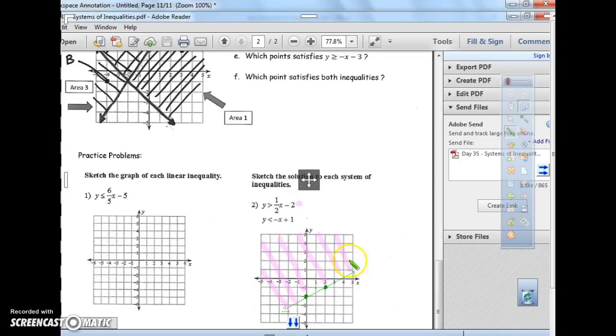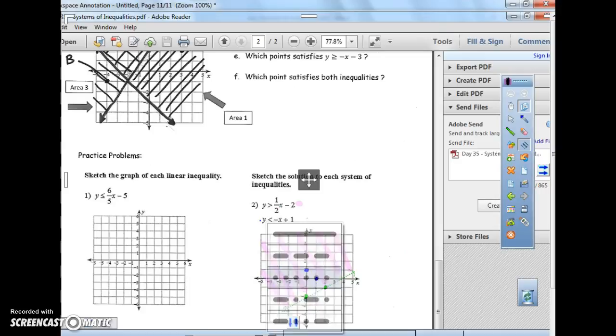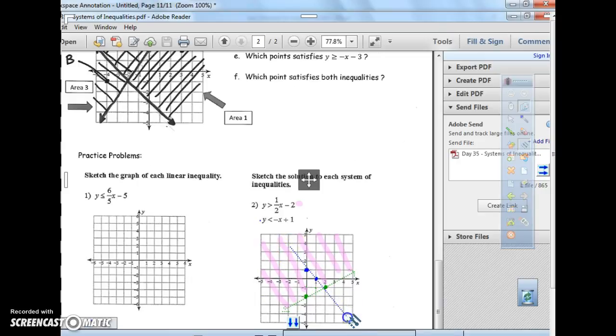And now if I do the second one, we have a y-intercept at 1. Do this in a different color for you. And down 1 to the right 1. Dotted or solid? Well, it's going to be dotted as well, because there's no equals sign there. There we go.